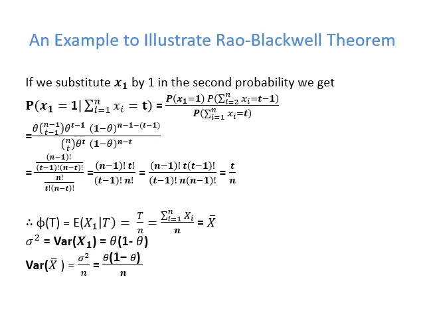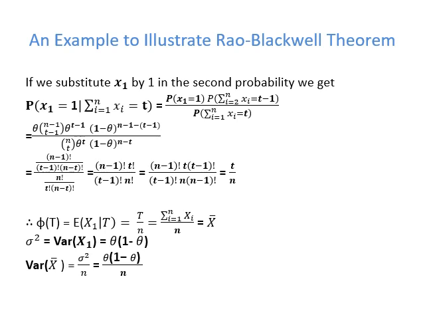Now I want to evaluate each probability. We start with the probability that x1 equal 1. Remember we are using the Bernoulli distribution, and we have a random sample, so we have identical random variables. So we can go to the formula of the Bernoulli distribution, which is theta power x times 1 minus theta power 1 minus x, and just replace x by 1.